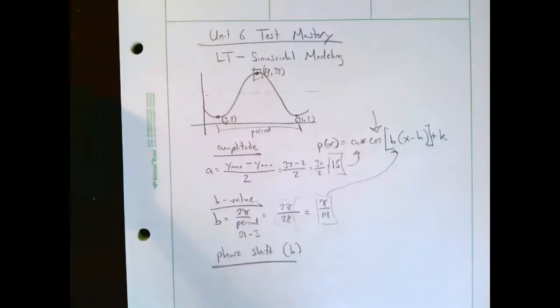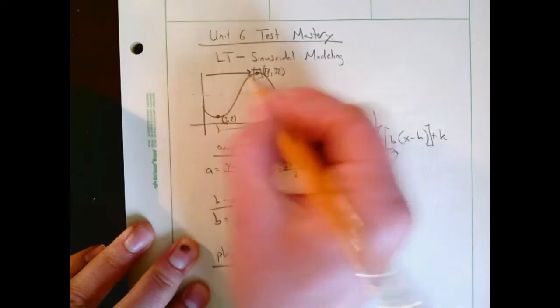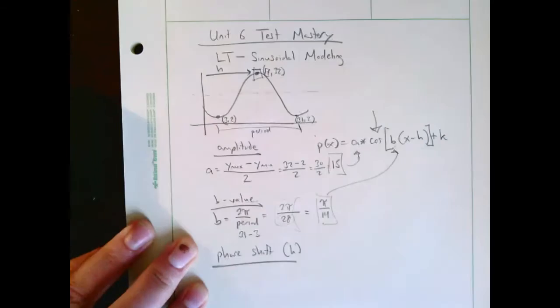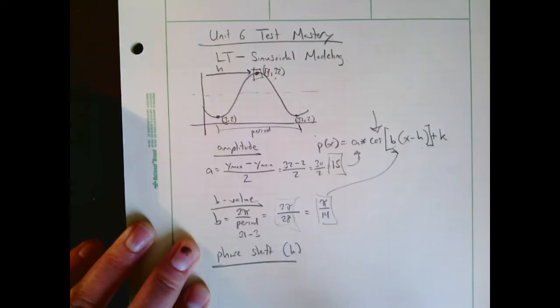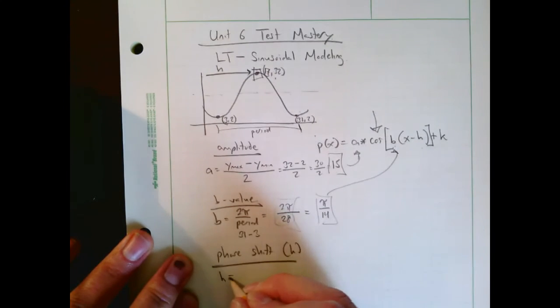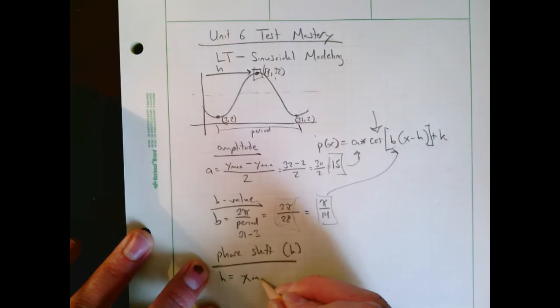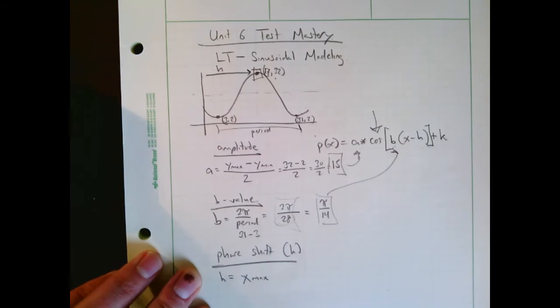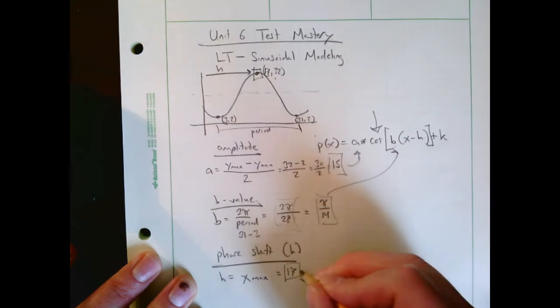This y max value is always going to end up being our phase shift. So this distance is your h value. So from 0 all the way out to 17, that's what we got. It is always going to be the x associated with your y max. So for us, that's just 17.